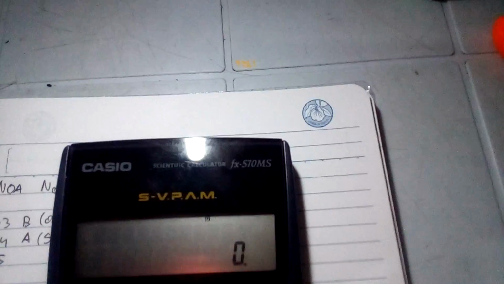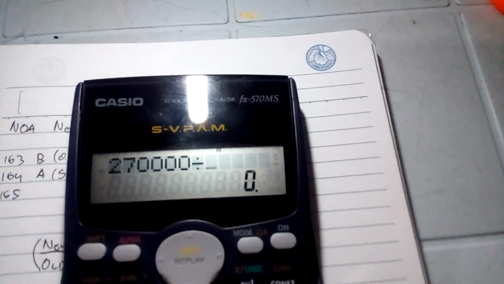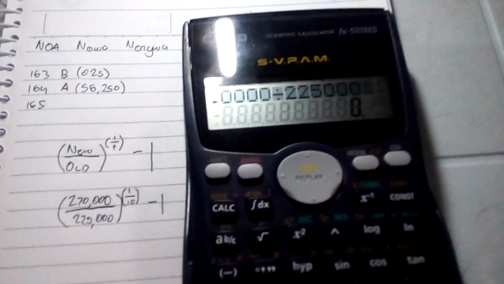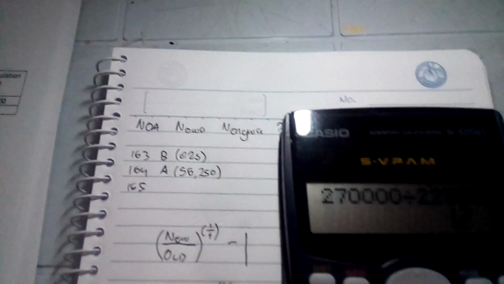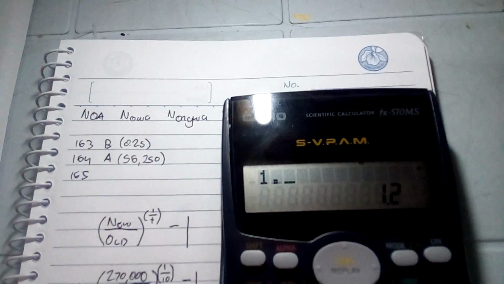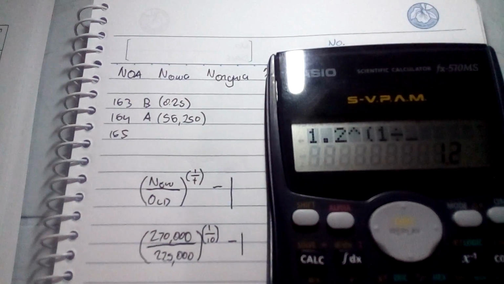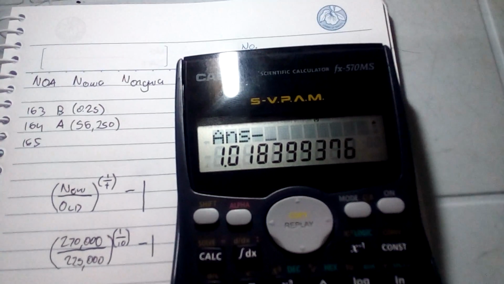Now on your scientific calculator, that's 270,000 divided by 225,000. That gives you 1.2, and then you raise that to 1 divided by 10, and then minus 1.